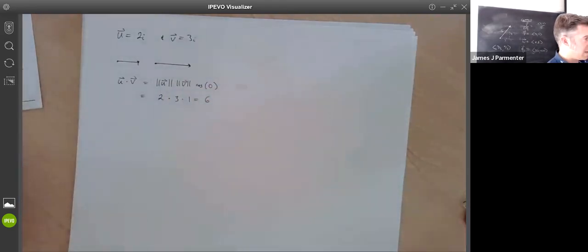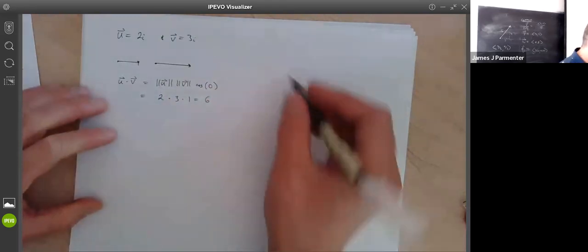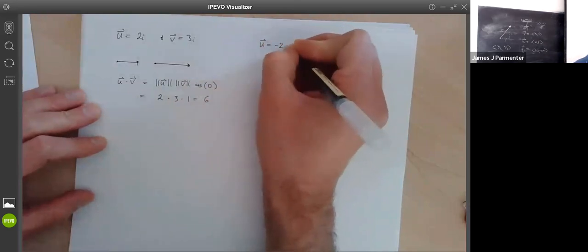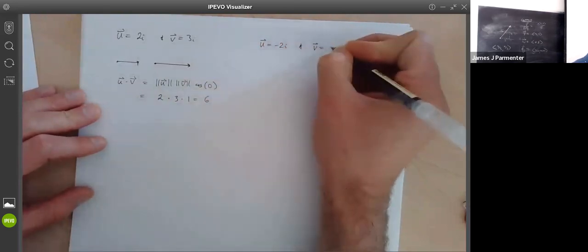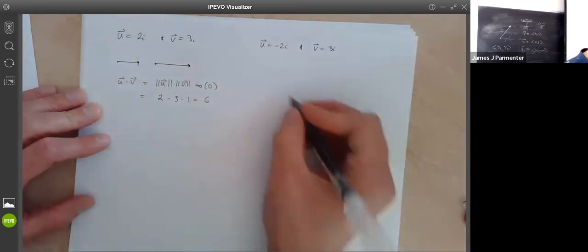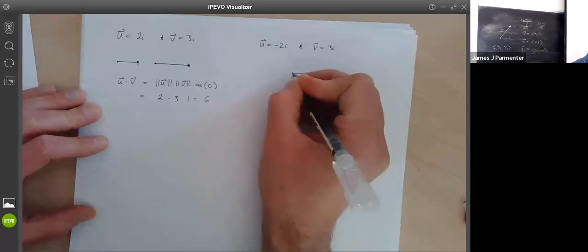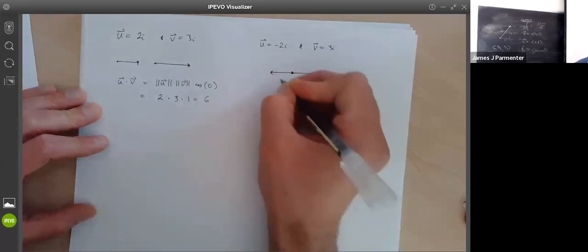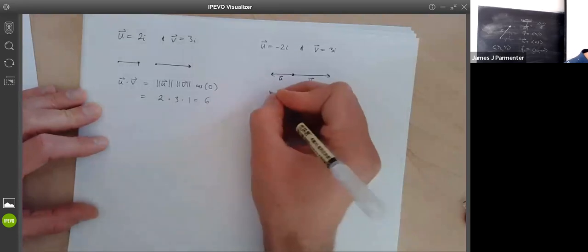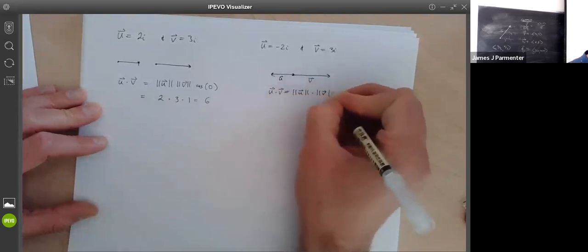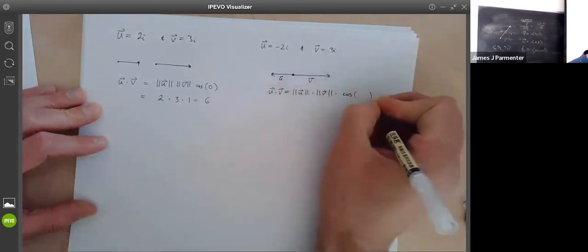And it would be the same, I should mention. Would it be the same? No, it wouldn't be the same. So just to see the other way, what if u is equal to negative 2i and v was equal to still positive 3i? Then my vectors look like this. Here's v. There's u. And u dot v is going to equal, again, the magnitude of u times the magnitude of v times cosine of what?